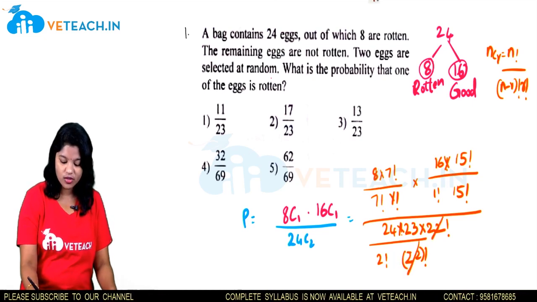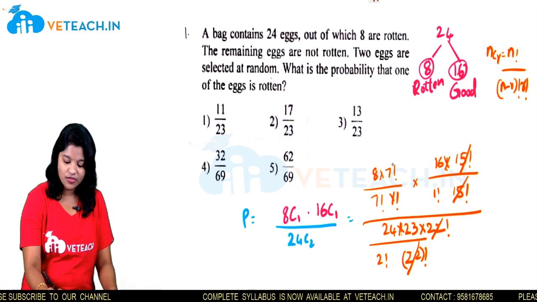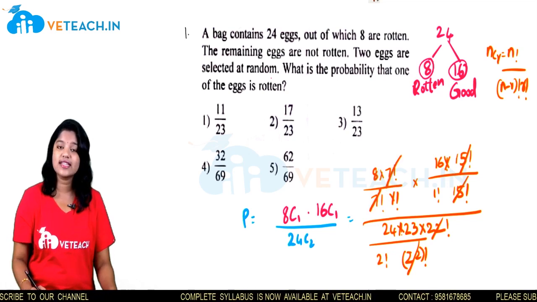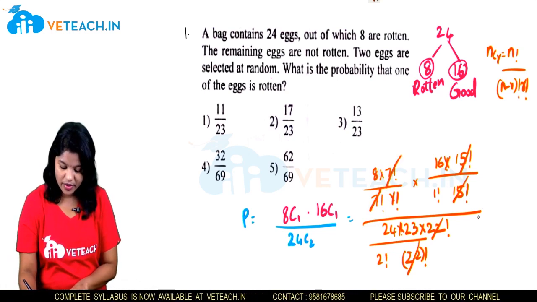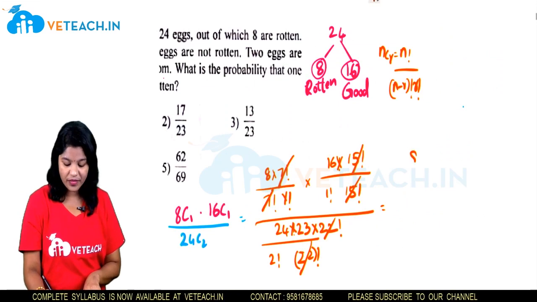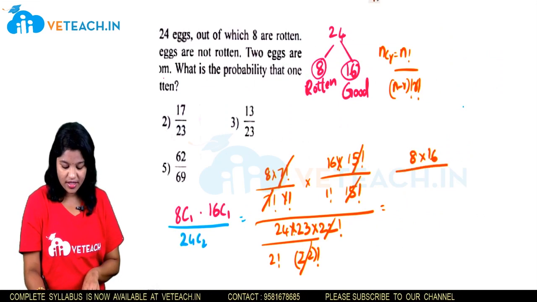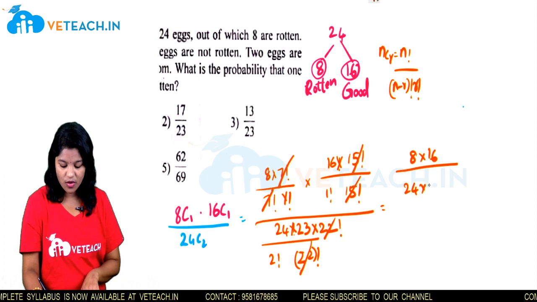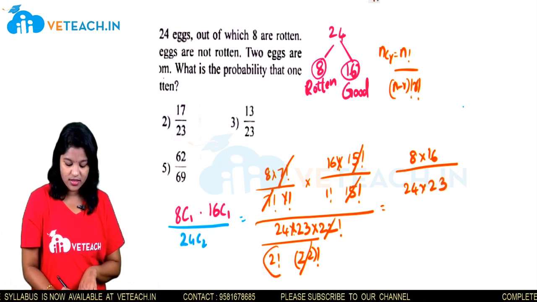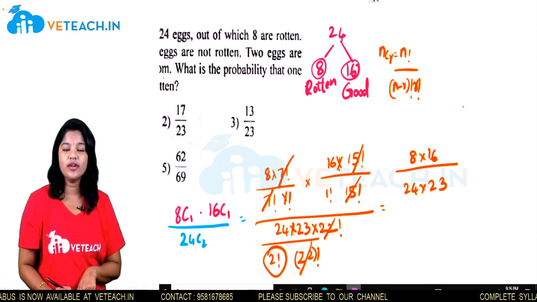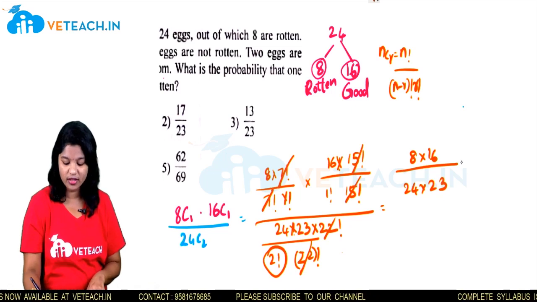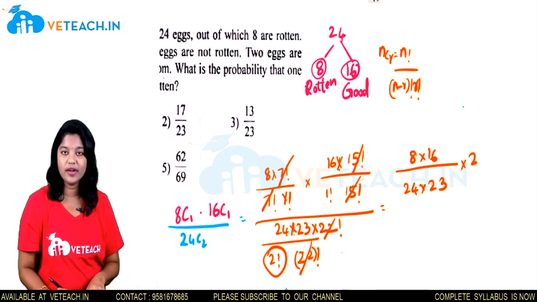Now 22 factorial, 22 factorial, 15 factorial, 15 factorial, 7 factorial and 7 factorial get cancelled. So our equation becomes 8 into 16 divided by 24 into 23 divided by 2 factorial. The denominator will go into the numerator.